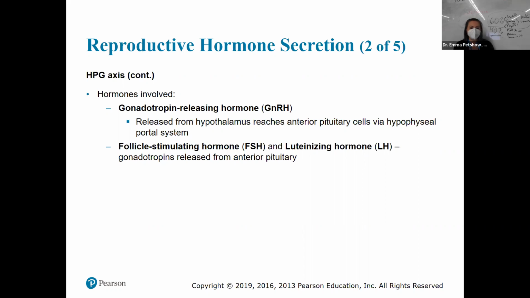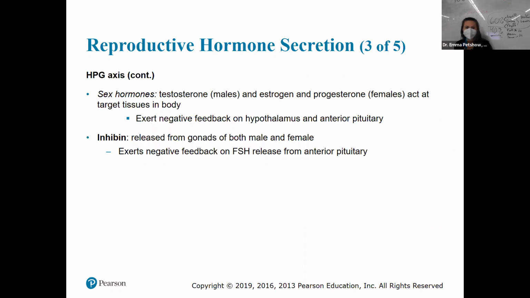It's released from our hypothalamus. It's going to reach our anterior pituitary, which then is going to stimulate the release of FSH and LH, which we've talked about before. So then downstream, once FSH and LH are released, that's going to stimulate testosterone, estrogen, and progesterone formation and release at specific target tissues in our body.